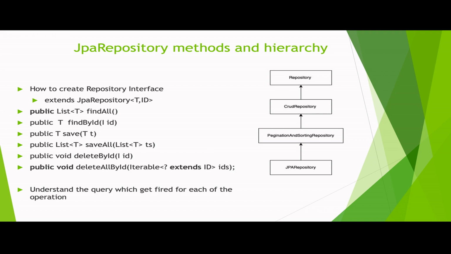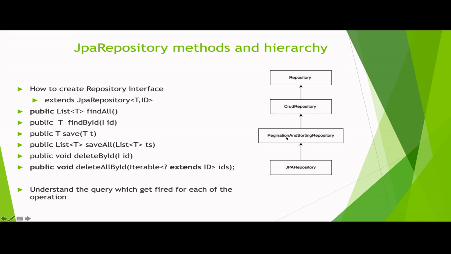Now let's look into the interface hierarchy of JPA repository. It has got a repository, which is a marker interface. Then a Crud repository, which has all the CRUD operations.